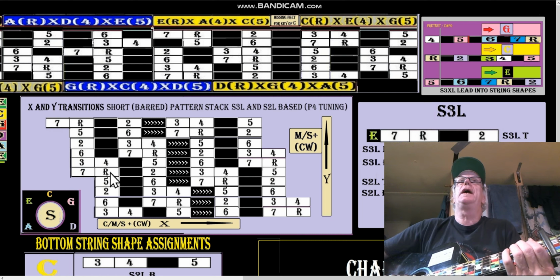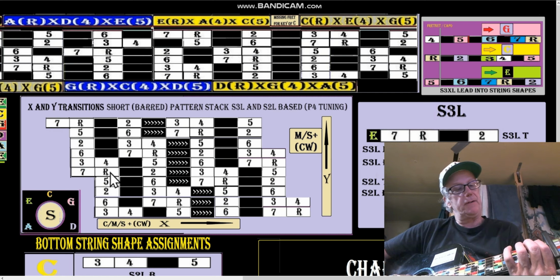And over that you could just play that E-shaped F.